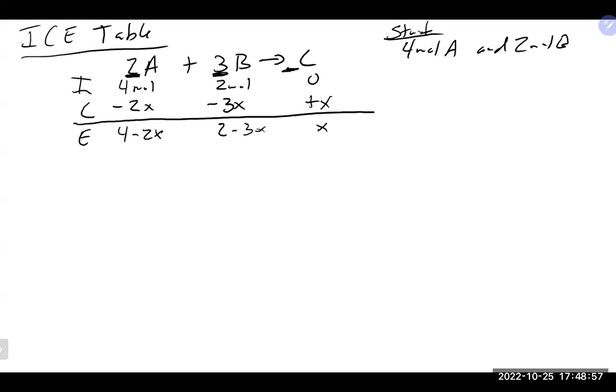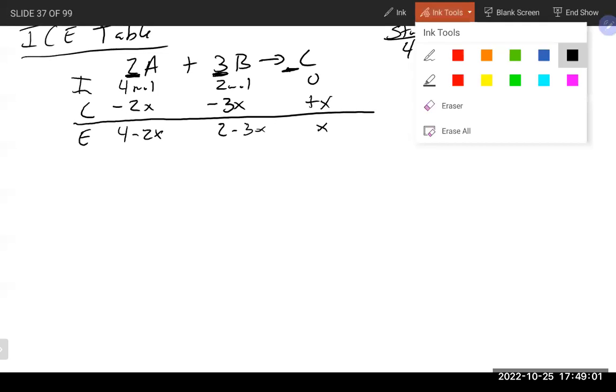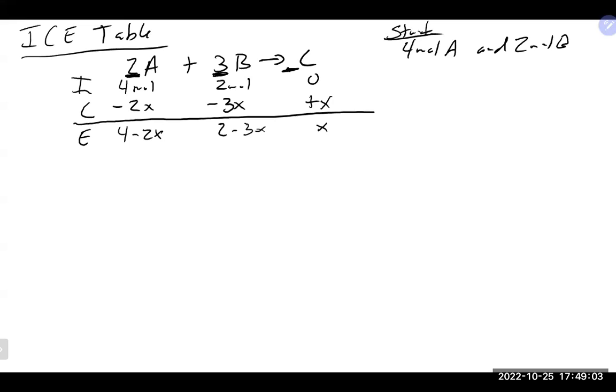To do that, we're just going to do 2 really quick, simple calculations. We're basically going to take our reactants and set them equal to 0 and solve for X. So this would be 4 minus 2X is equal to 0, which means 2X is equal to 4. X is equal to 2 in this case, and remember that that is actually 2 moles.